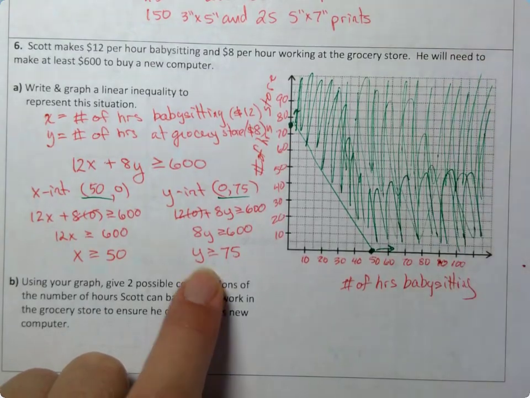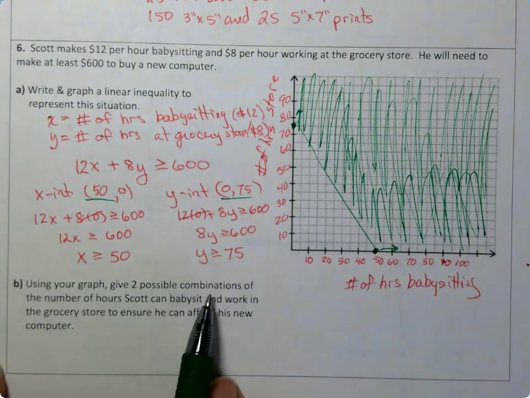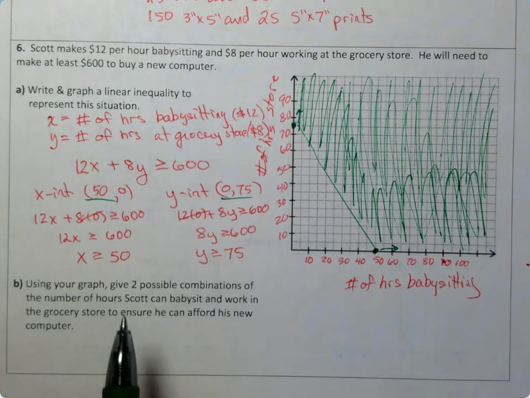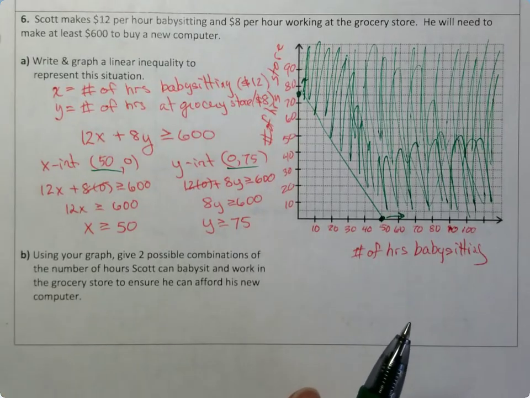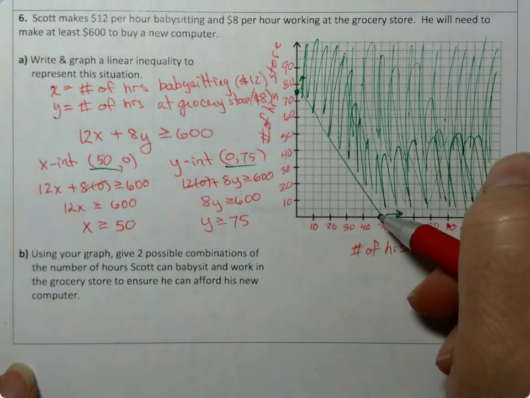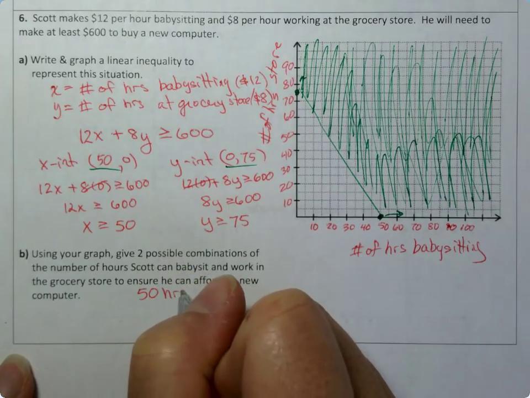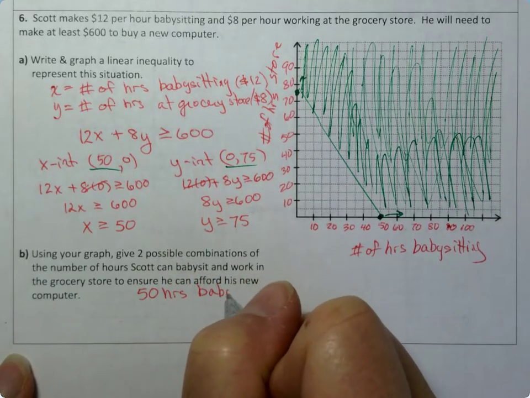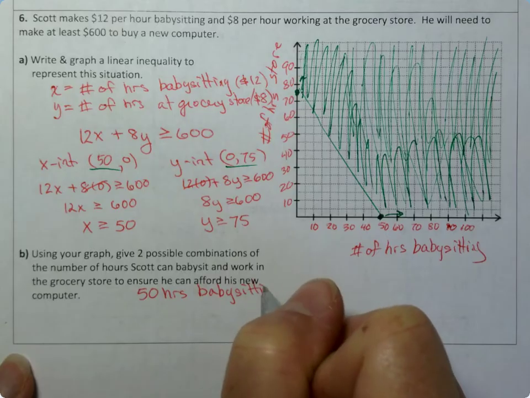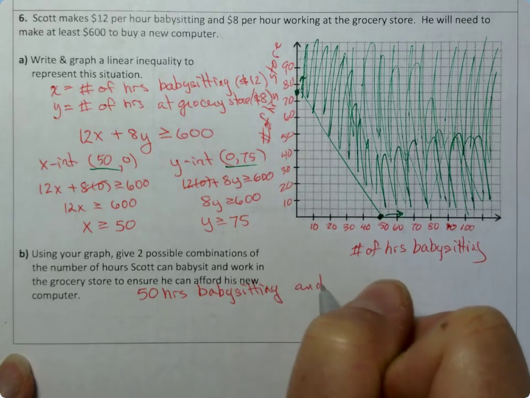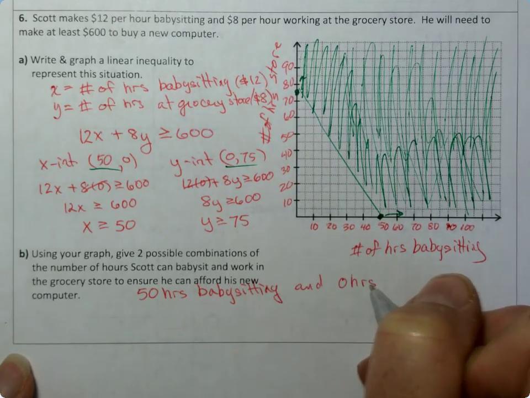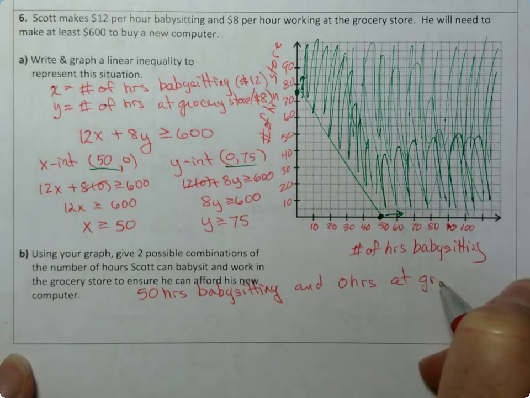Okay, final question. Using your graph, give 2 possible combinations. So when they say 2 possible combinations, I want 2 ordered pairs, but they need to be labeled, right? It's a word problem. So we could use the 50 and the 0: 50 hours babysitting and 0 hours at grocery store.